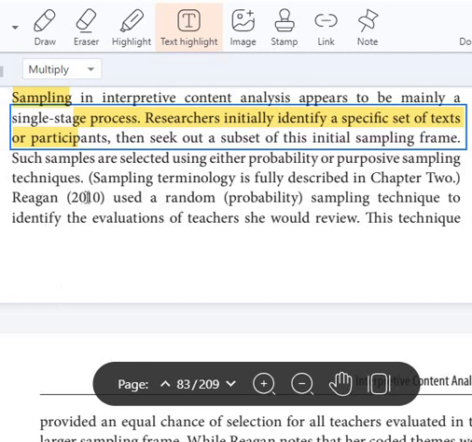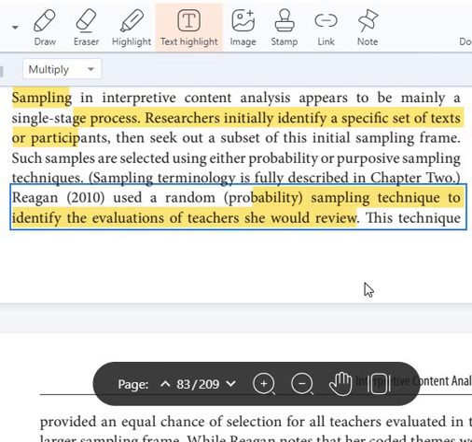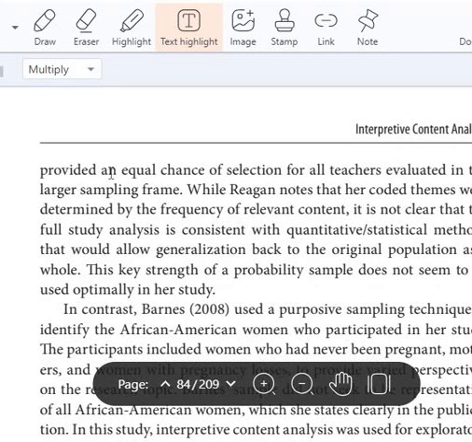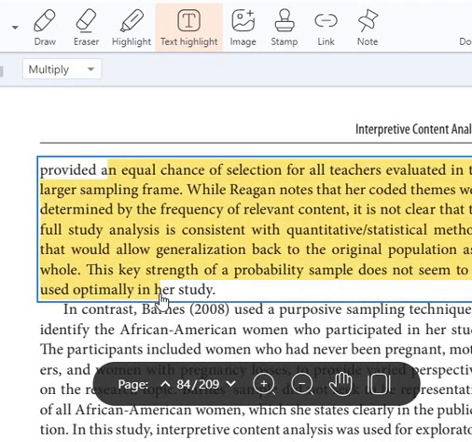Here it talks about Reagan and how she used the random sampling technique to identify the evaluations of teachers she would review. Okay, let's go ahead here with the same paragraph. The technique Reagan used provided an equal chance. We all know that the probability samples are so important that each one participating in the population can have an equal opportunity of being selected in this sample.